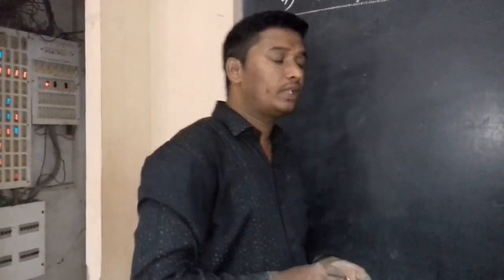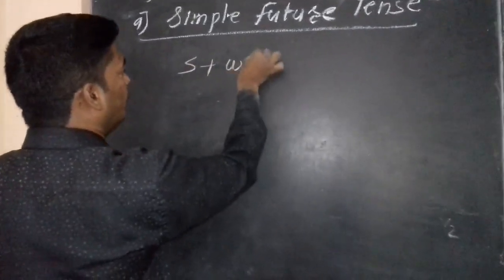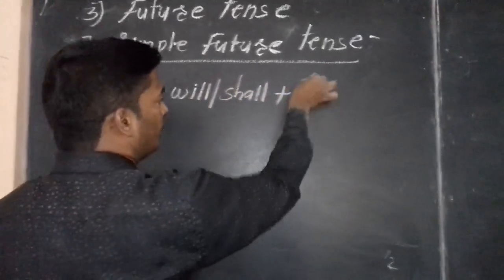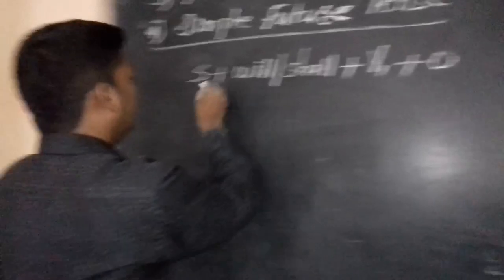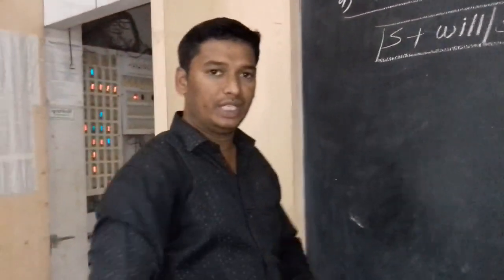Look, the structure: subject plus will or shall plus be word plus object. It is the structure of simple future tense.